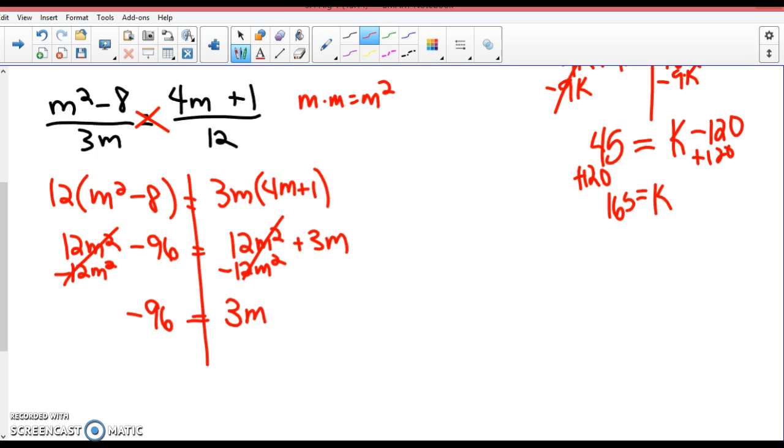Now that is something we can solve. You guys don't know how to solve something with an m squared yet. So the m squareds cancel each other out in essence. Divide both sides by 3, and I get m is negative 32. Questions? All right.